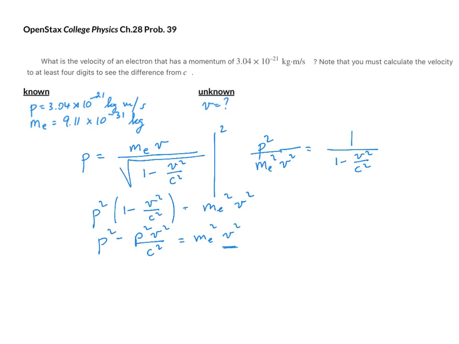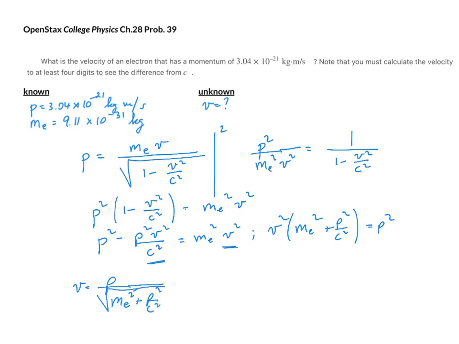We will have to factor out v squared from these two quantities, so we'll have v squared times m_e squared plus p squared over c squared equals p squared. So then v is p over the square root of m_e squared plus p squared over c squared. So now we have an expression for the velocity.